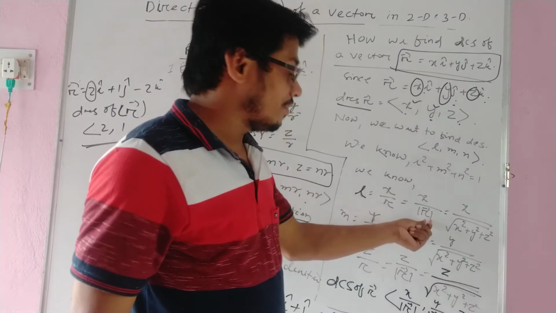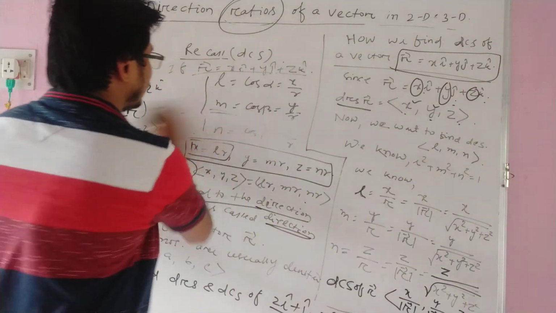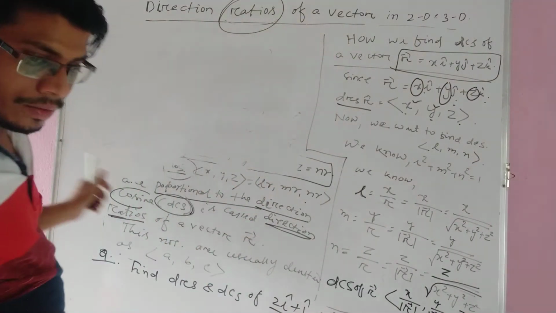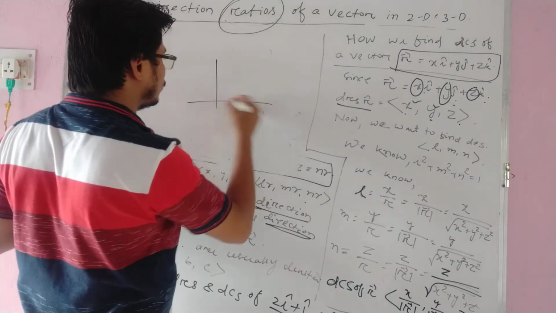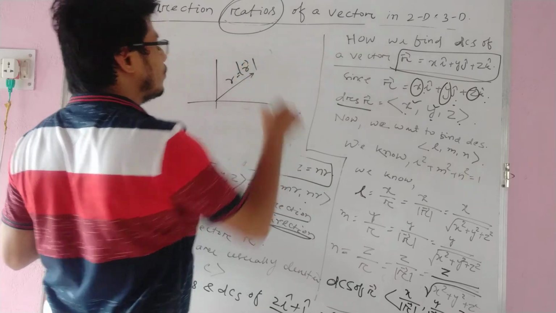What is r? r is the magnitude of the r vector. In two dimensions, this vector is r, or this is the magnitude of the r vector.